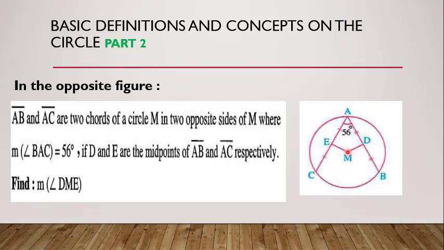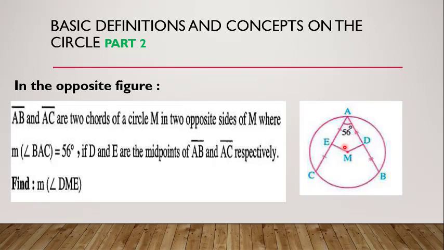Okay, MD is a line segment that passes through the center and bisects a chord, so measure of angle ADM is 90, perpendicular. By the same way, ME is a line segment that bisects a chord and passes through the center M, so also here we have 90 degrees. And this ADME is a quadrilateral, so the summation of measure of angles is 360.